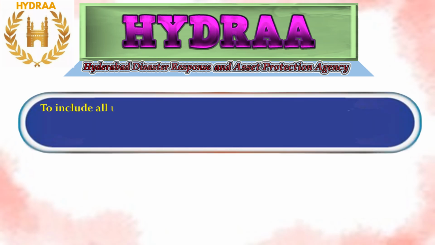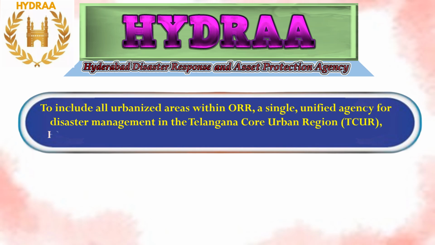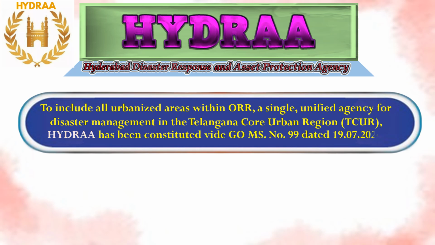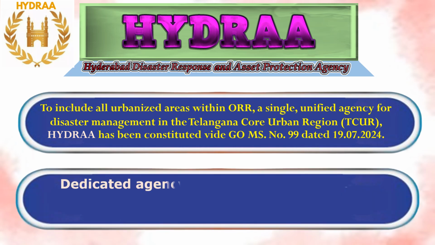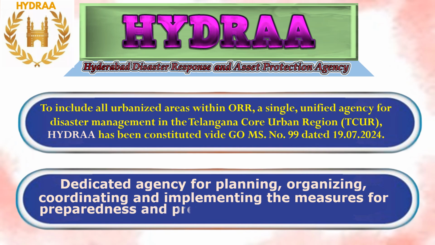To include all urbanized areas within Outer Ring Road of Hyderabad, a single, unified agency for disaster management in the Telangana core urban region, HYDRAA has been constituted vide GO-MS number 99 dated 19th July 2024. It is a dedicated agency for planning, organizing, coordinating and implementing the measures for preparedness and prevention of urban disasters.